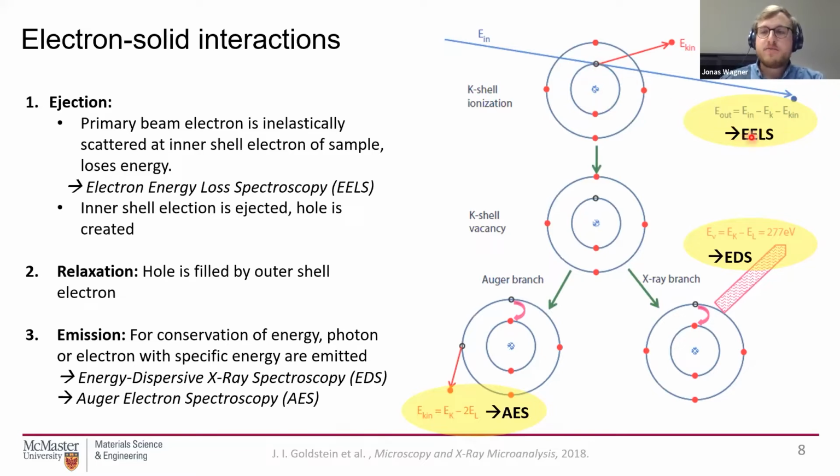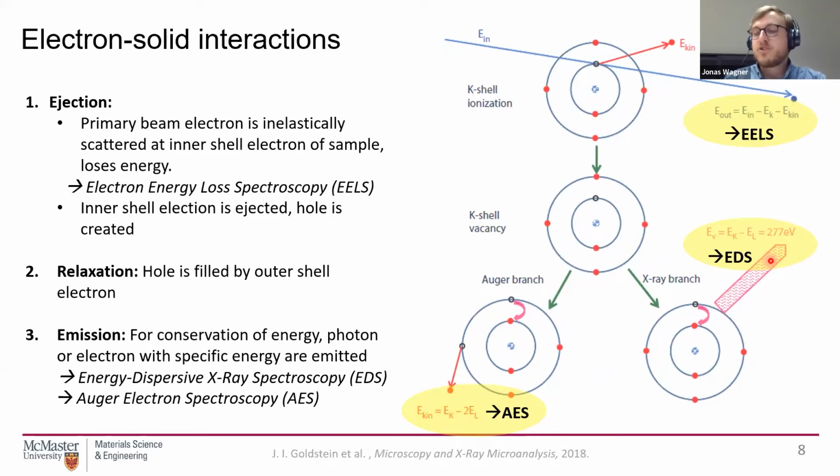That energy loss is quantified in EELS, one of our techniques. But then we have the hole, which is filled by a relaxation process, by a higher energy electron filling up that spot. And for the sake of the conservation of energy, there are two competitive processes. Either we have the emission of an Auger electron with a specific kinetic energy, which is measured in Auger electron spectroscopy, or we have the emission of a photon, right?